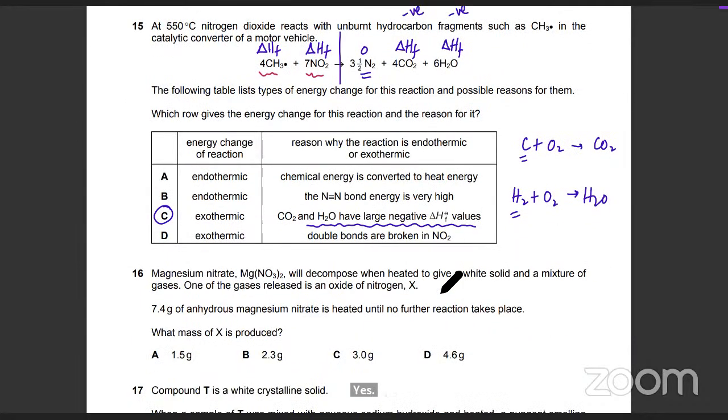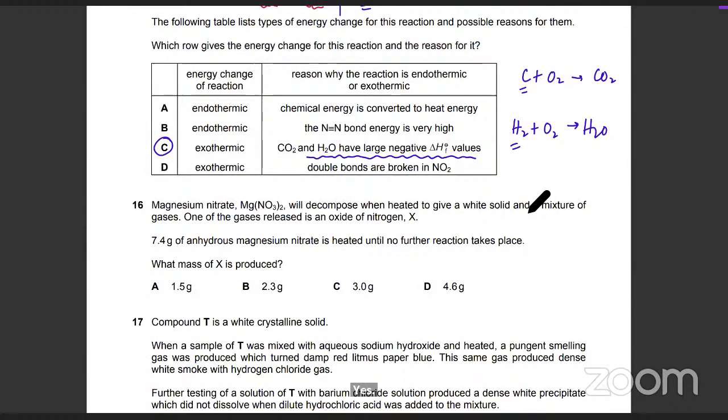So now magnesium nitrate will decompose, white solid, in a mixture of gases. So what happens when magnesium nitrate decomposes? What's the product? Nitrogen dioxide and oxygen and magnesium oxide. And oxygen, half O2.